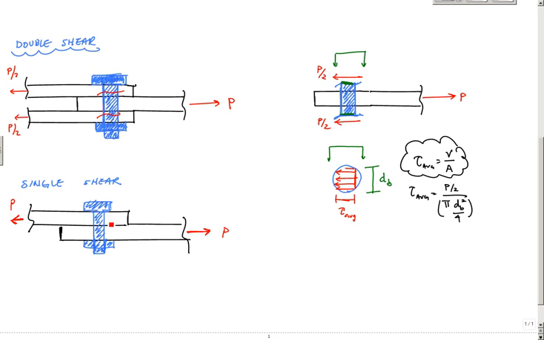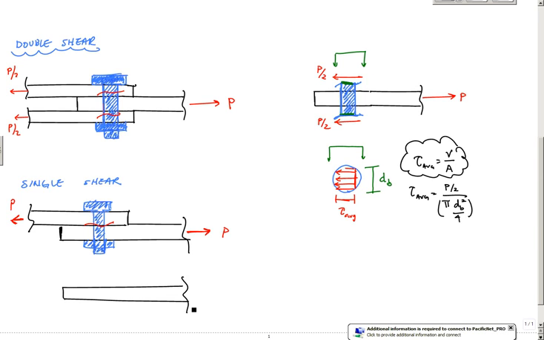If I make a cut and isolate the bottom plate, cutting through the bolt, I have the bolted connection with the nut holding it in place here, and I know that the shear force acting across this surface of the bolt is going to be equal to P.